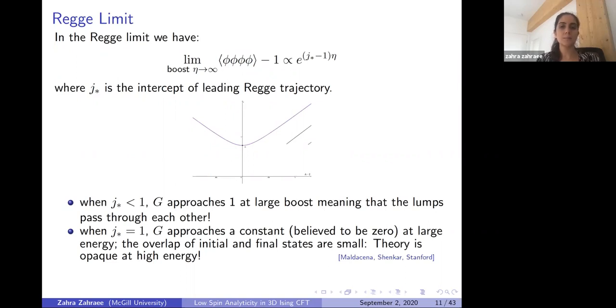This means that the lumps pass through each other, and basically the theory is transparent. We can recover the lump after the scattering. When j star is equal to 1, on the other hand, g approaches a constant which is believed to be 0, which means that the overlap of initial and final states is small, and this means the theory is opaque. So the lumps that we started with just disperse into the background.